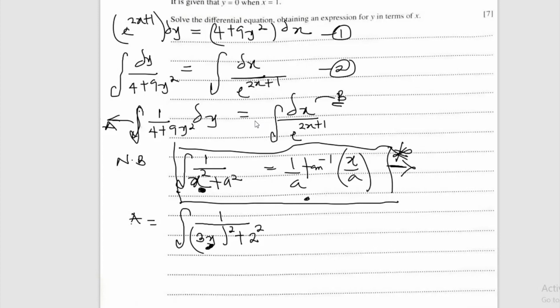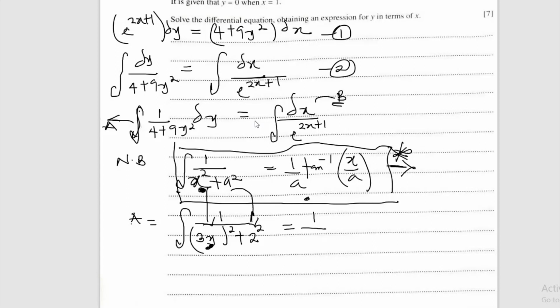So the integral of 1 over (3y) squared plus 2 squared will be, like I said, in this case, this is a and this is x. The only difference is that my x has a function, but in the model, the way they model it, x does not have a function. So what we do is this: we just say 1 over a.